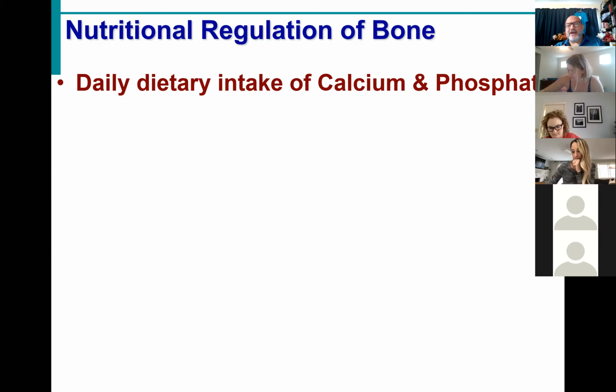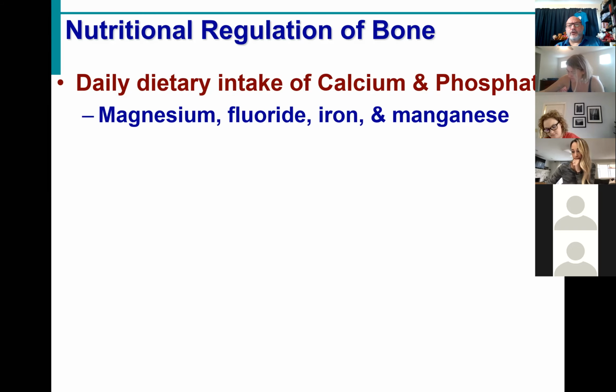But there's also magnesium, fluoride, iron, manganese. All of these are minerals that are directly related to the matrix. So obviously, we need the nutrients to make the matrix. Right, that is obvious, hopefully.